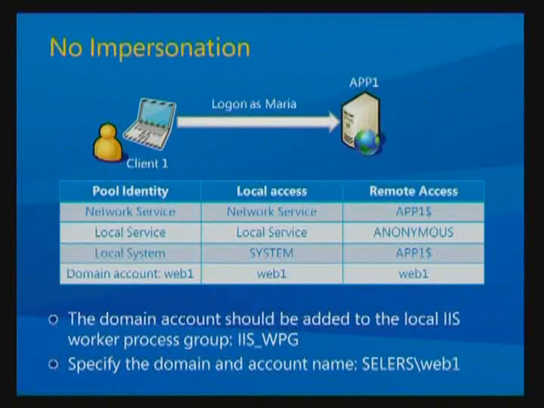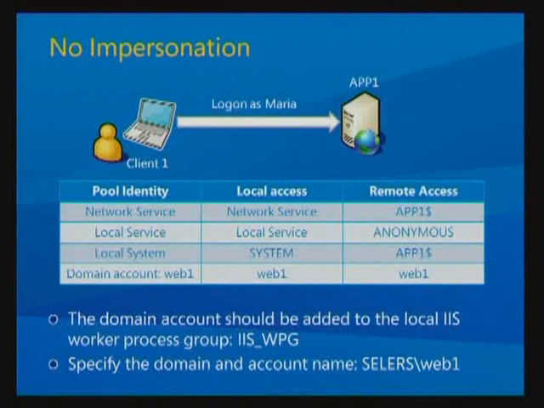Then I put a little table there, which is quite useful to remember. I'm not going to go into all the details; I'll just point out a few things in it, and you've got it there in the slides. The pool identity is the identity of the application, running as network service. Local access is network service, and remote access is going to use the computer account.